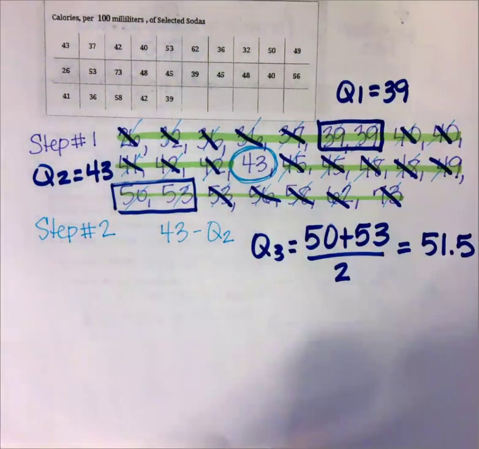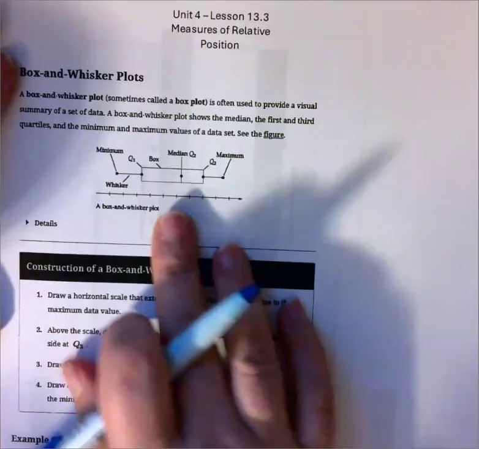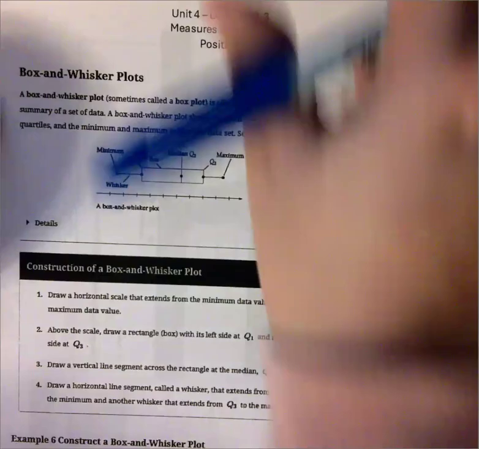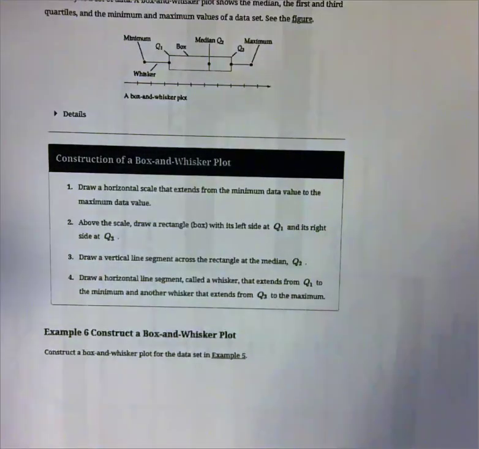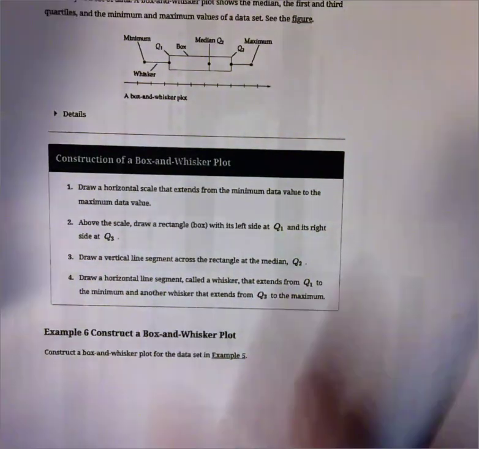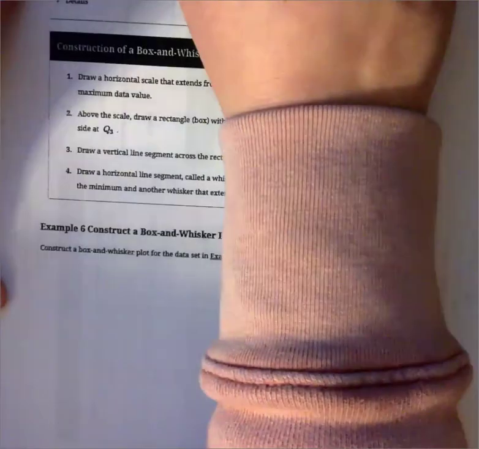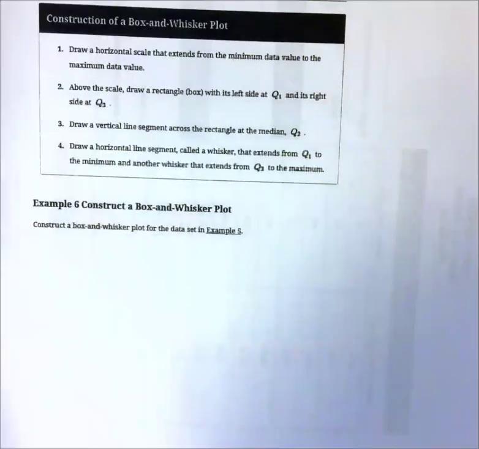Okay. Then we're going to use those values and make a graph that looks like this one. So we're going to go ahead and make it on this page just so that you can see it. And we're going to make it down at the bottom. Again, if you're doing your own paper, go ahead and just find you a nice space.